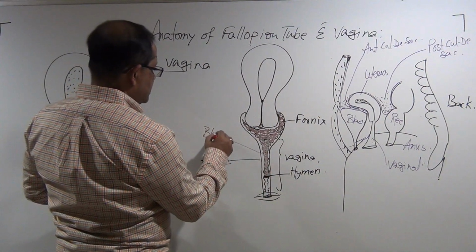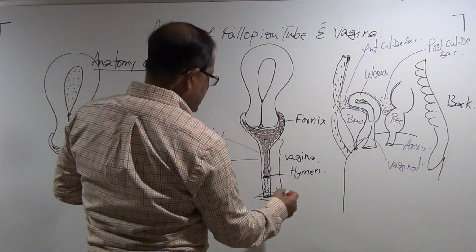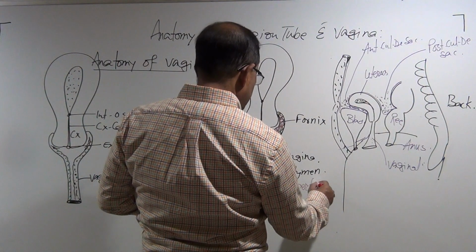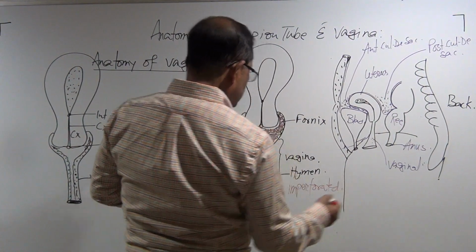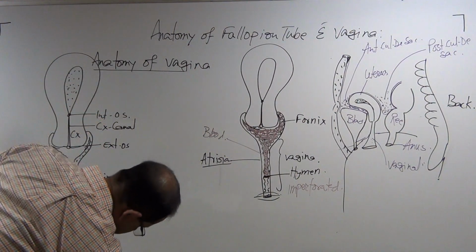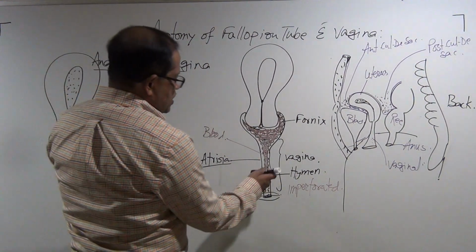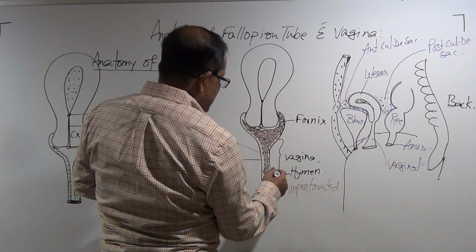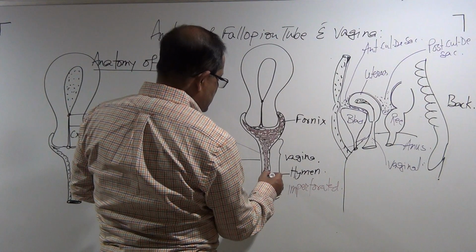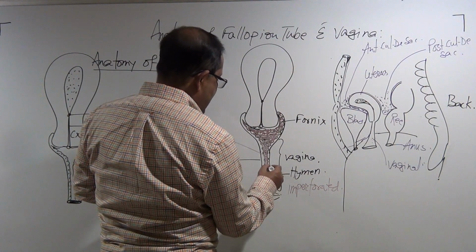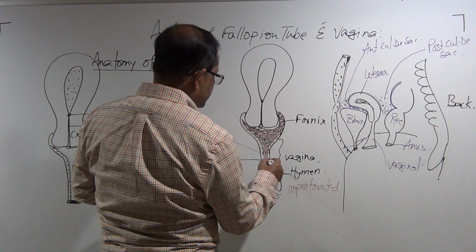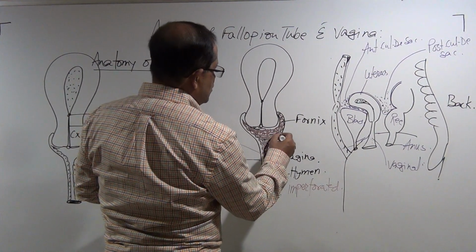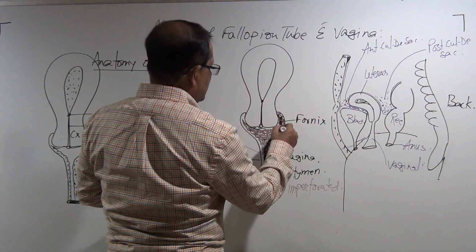This is blood. This is hymen, imperforated. Imperforated hymen. Okay, so now it will be dilated. So vagina will start dilating. And sonographically you will see anechoic inside. There will be collection of fluid. I am drawing the collection of fluid.